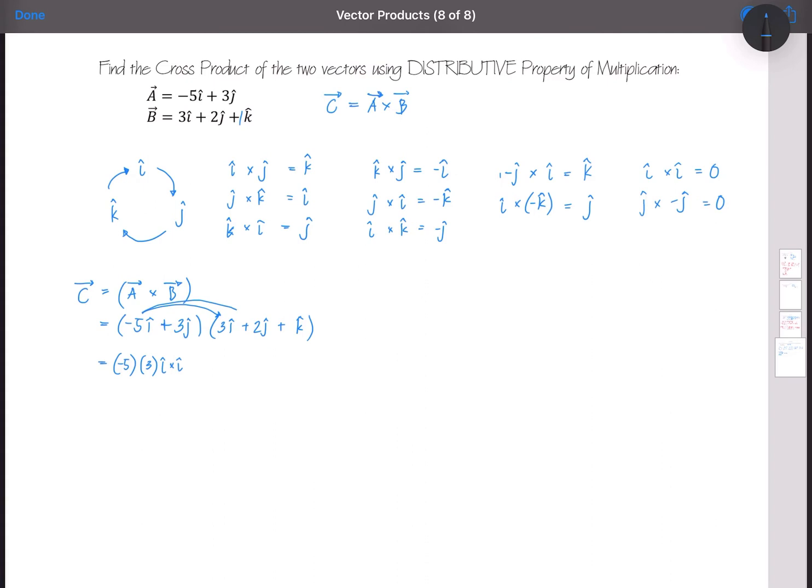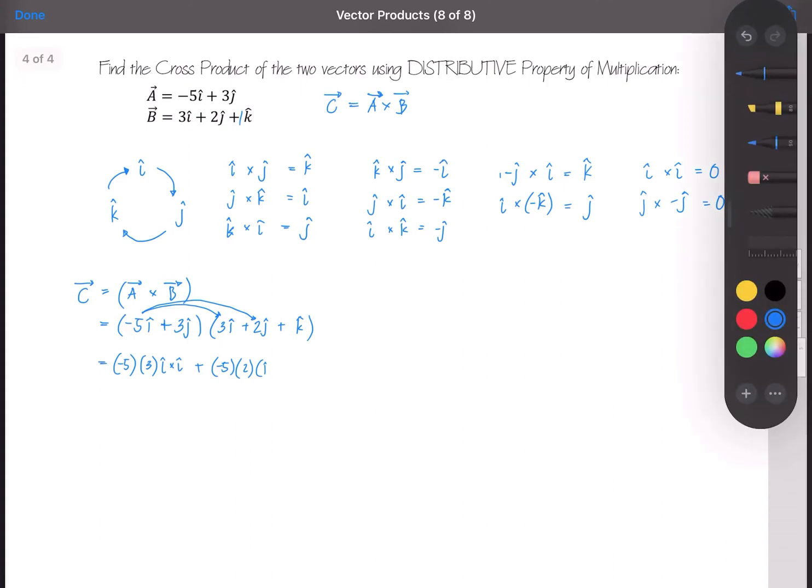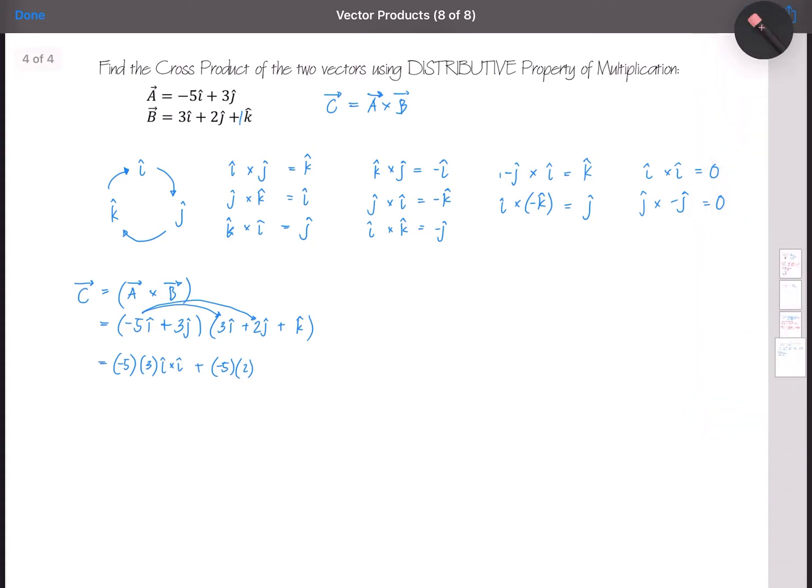Next, plus negative 5 times 2 times i hat times j hat. Plus, next you have negative 5 times 1 times i hat times k hat.